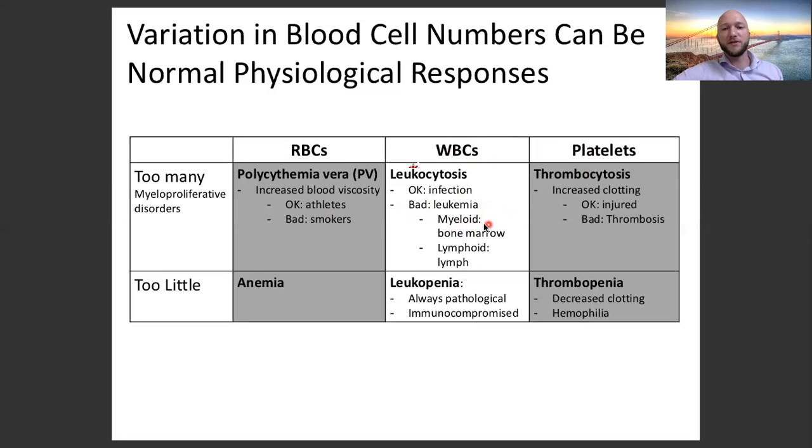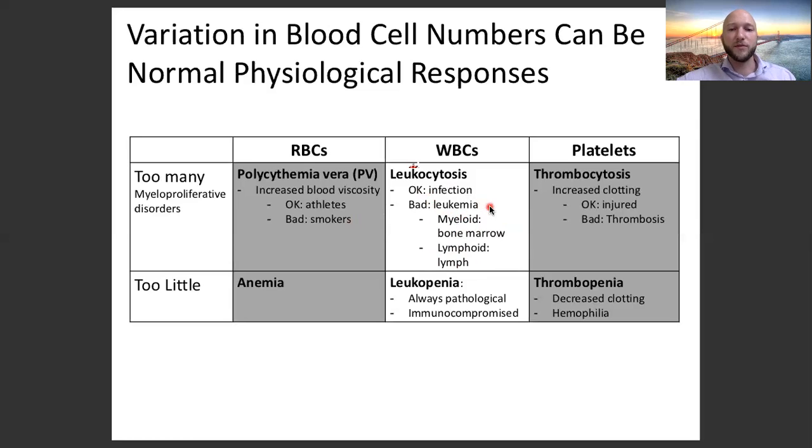So myeloid issues tend to increase numbers of red blood cells, white blood cells, and platelets. Lymphoid issues only tend to affect white blood cells. It just helps you diagnose, helps you know where to look for the issue. If your patient has too many red blood cells, white blood cells, and platelets, you might be looking at a bone marrow issue. If your patient just has too many white blood cells, look for a lymph thing.